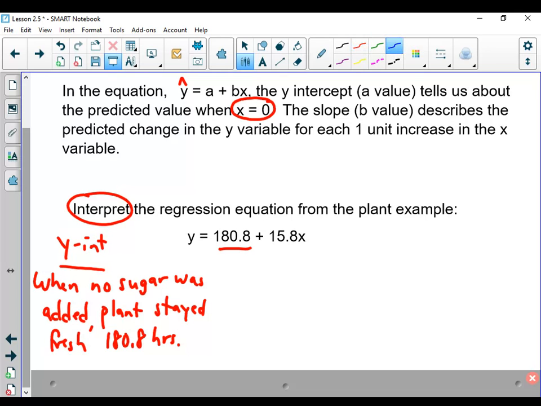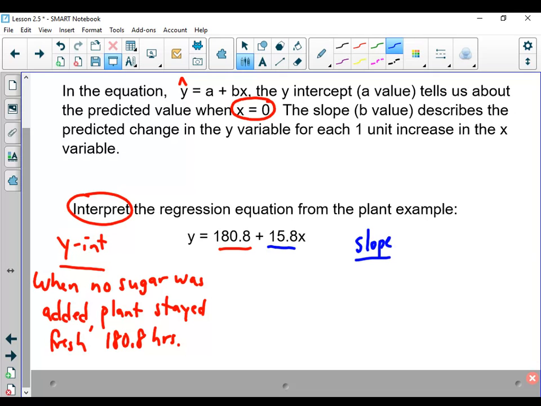Maybe the trickier part is looking at the slope. Remember, slope is how much the y changes for every x. What was y talking about in our graph? The freshness, right? And x was talking about the amount of sugar. So according to this slope, first of all, I have a positive 15.8. So I know it's going up.